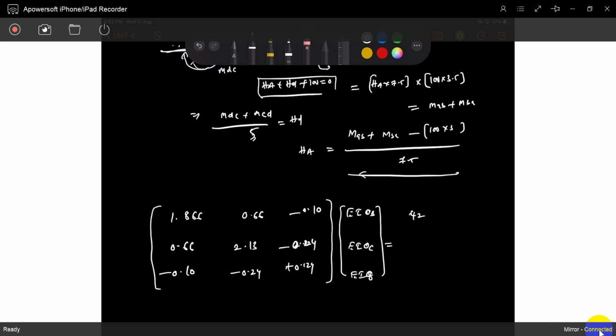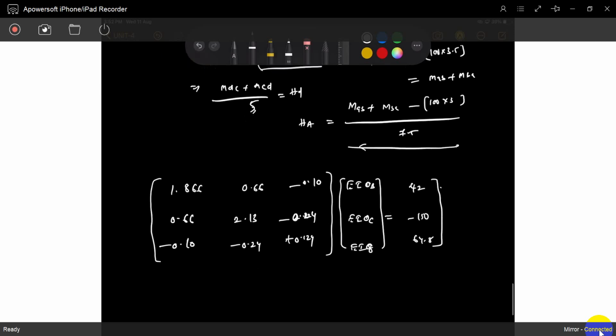It's 42, 150, 64.8. These three equations will come like this.